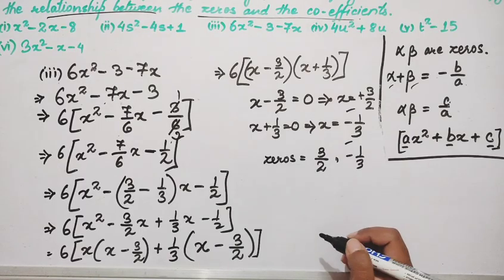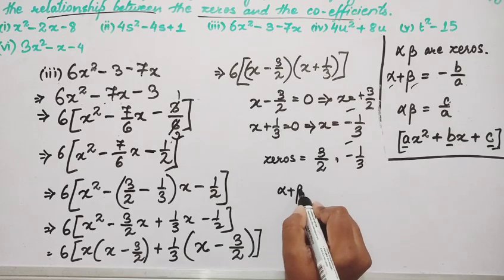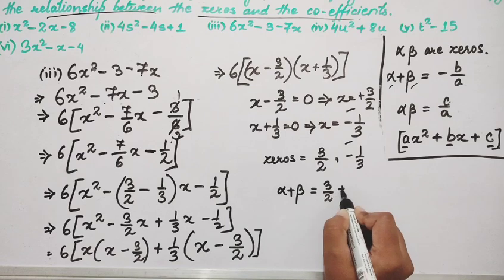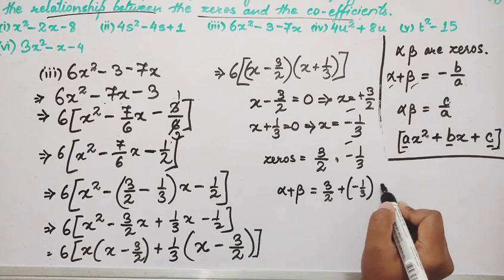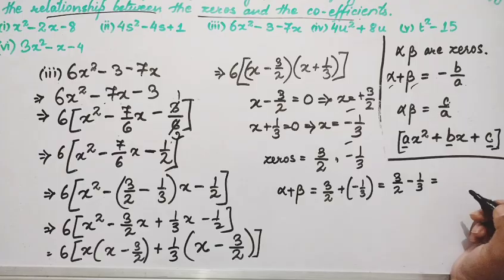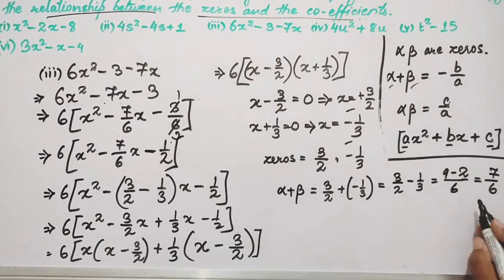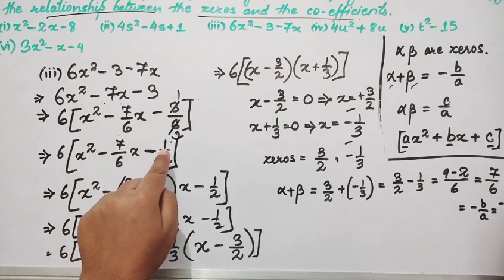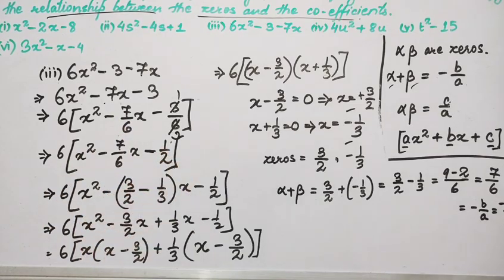Now when we verify it, alpha plus beta should be minus b by a, which is minus of minus 7 by 6, where b is minus 7 by 6 and a is 1.